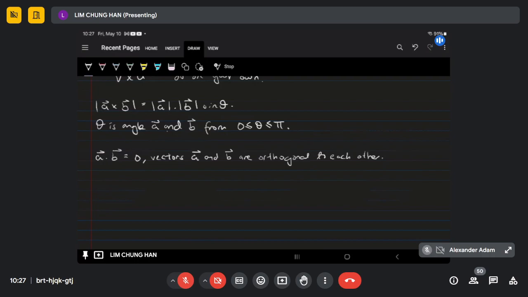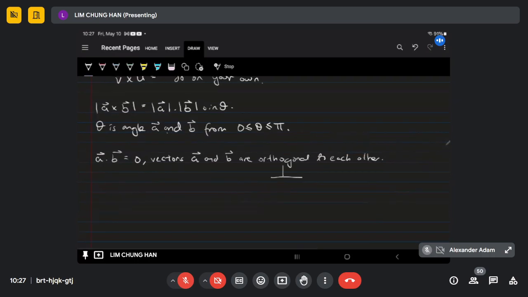I think I corrected myself; I did say that it's orthogonal in the end last week. Okay. So if A dot B is 0, that means vectors A and B are orthogonal to each other. So what that means is vector A and vector B are at 90 degrees to each other.